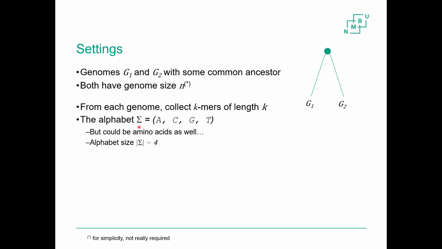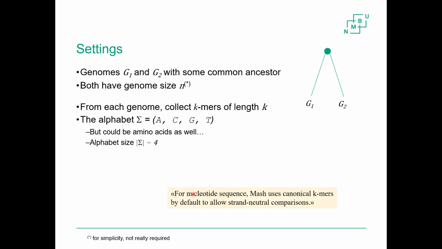I also mention this because it is something you see in the paper. The alphabet is denoted capital sigma here, and in our case, it's the DNA alphabet, but it could have been amino acids as well. And the size of the alphabet, the absolute value of sigma, is 4, because it's 4 letters.